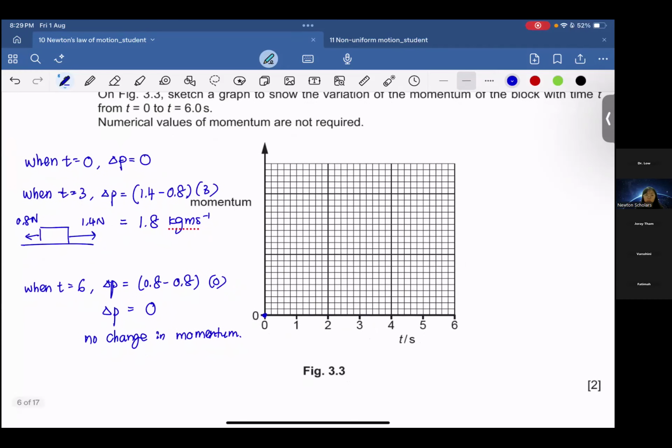Although they say there is no need to calculate it, calculating it is easier for you to see how we get this graph shape.